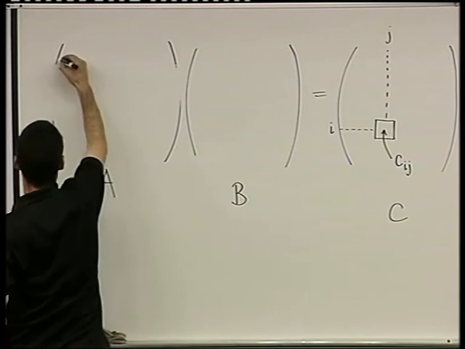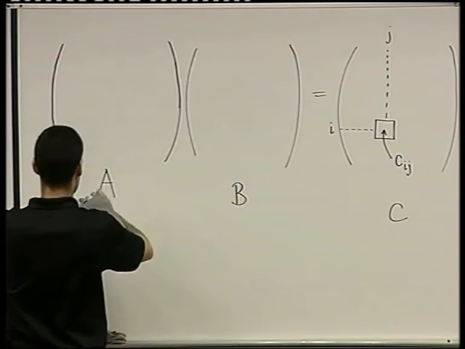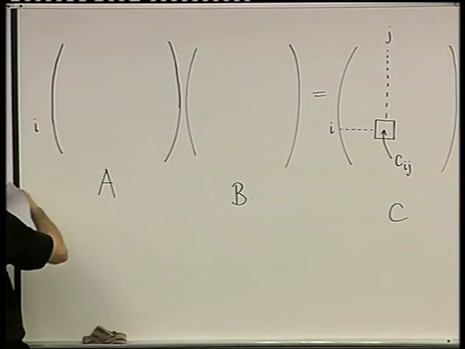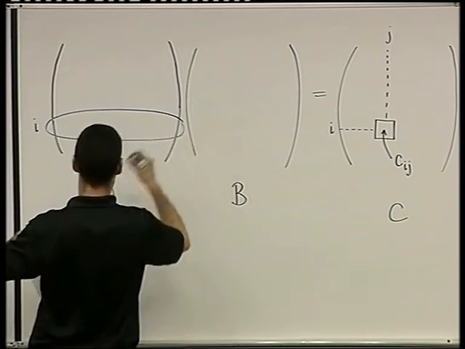So we take the entire ith row in A, i is somewhere here, the entire ith row, and the elements of the ith row are what?